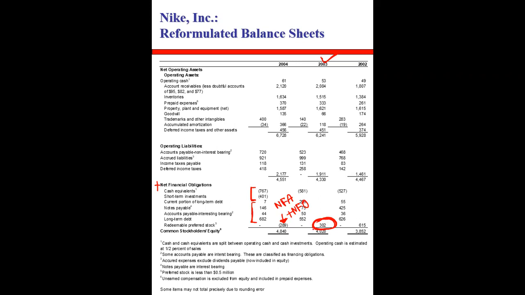There is no confusion. 302 is a positive number. It indicates the net financial obligations because we are taking the positive of the obligations number and negative of the asset number. So negative net financial obligations.